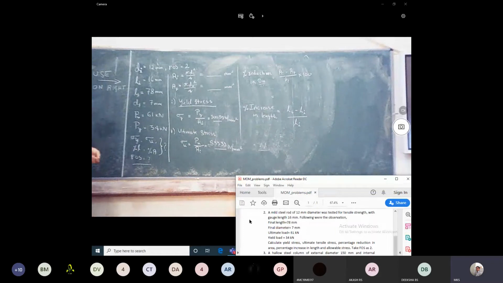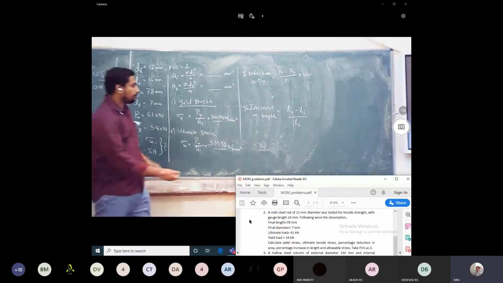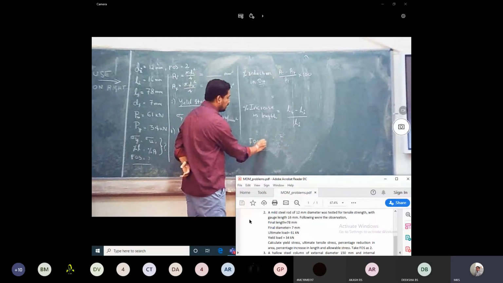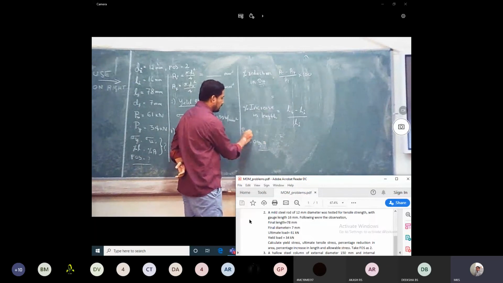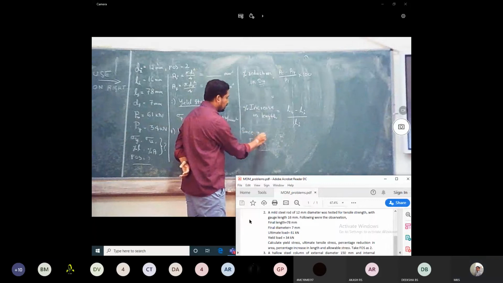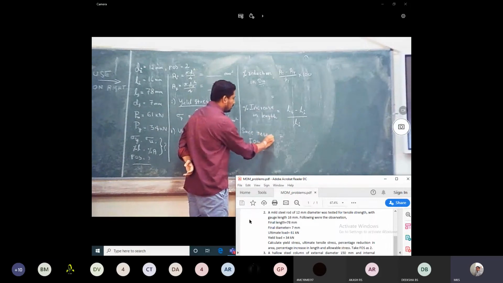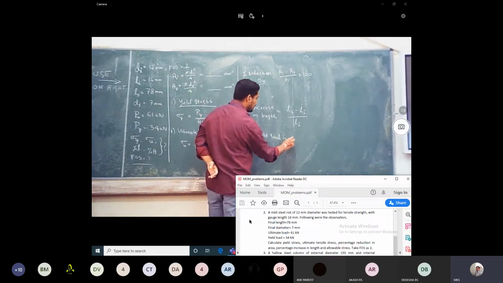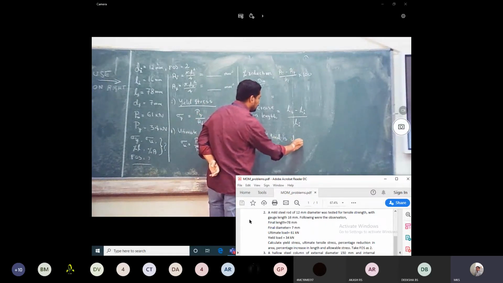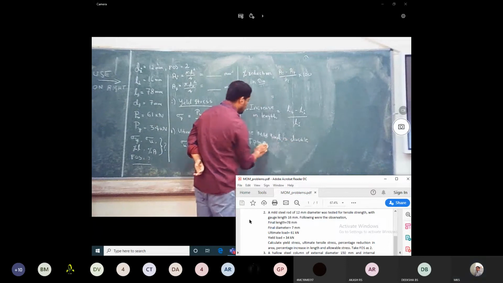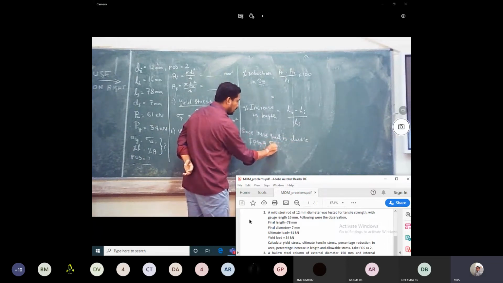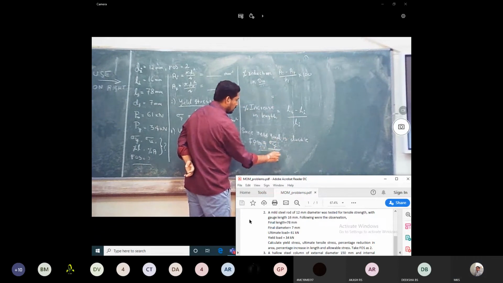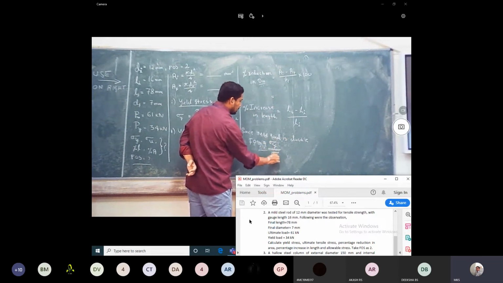Since mild steel is ductile, the factor of safety is given by FOS equal to sigma y by sigma d.